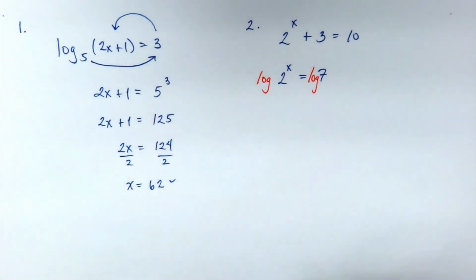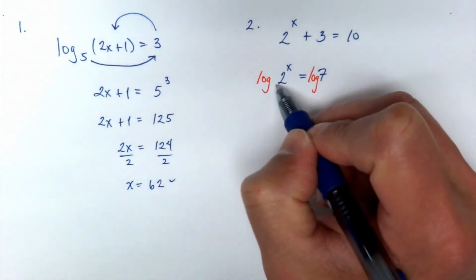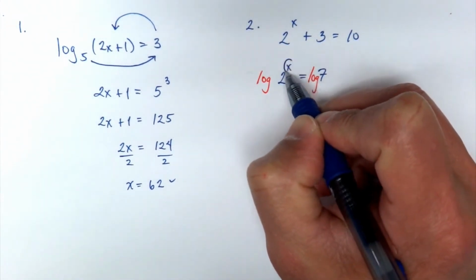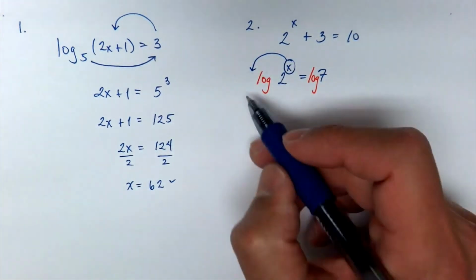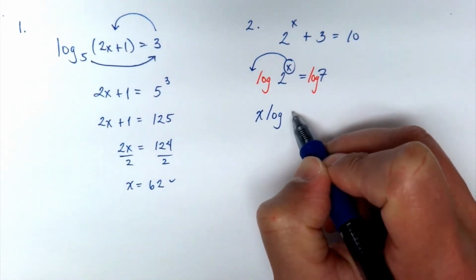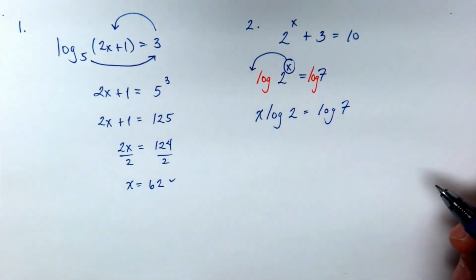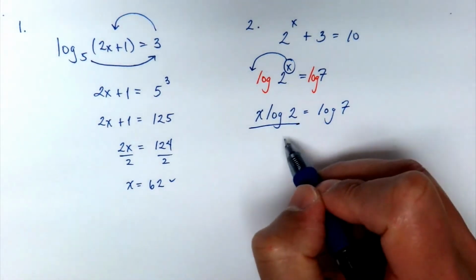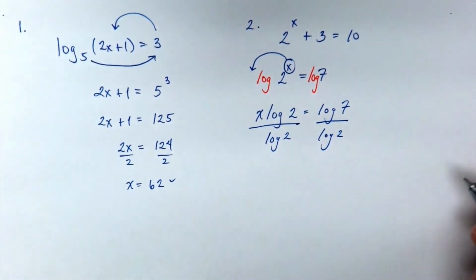And once we multiply by the log, we have a property called the power property of logs, saying that once we have a log, this exponent here, we can bring it down in front of the log. So it becomes x times log of 2 equals log of 7. Now from here, I can just divide algebraically like I normally would.